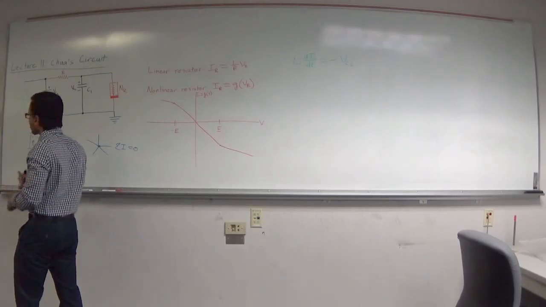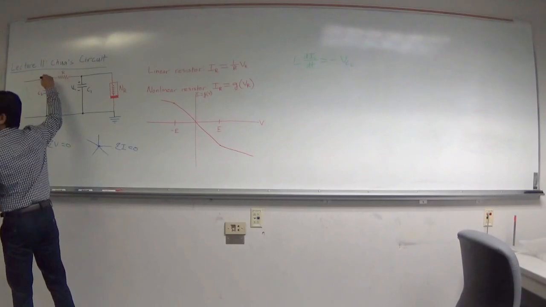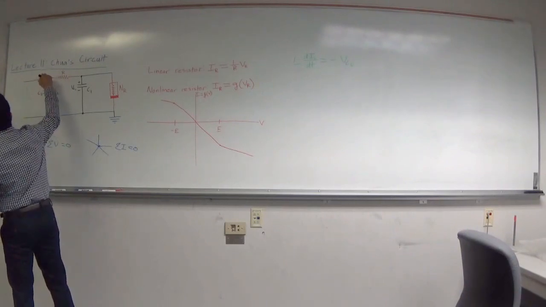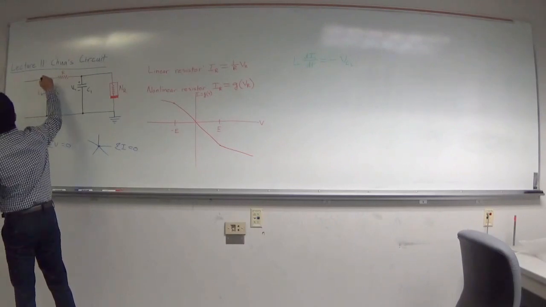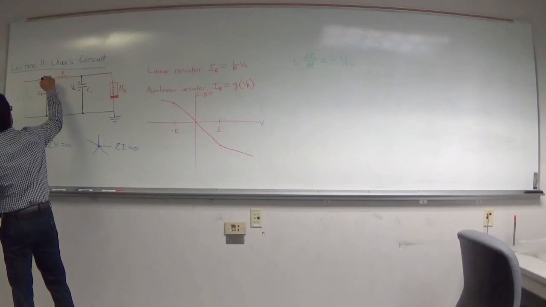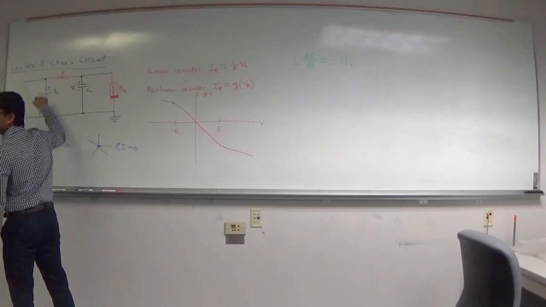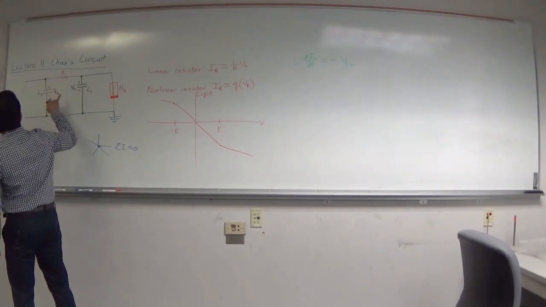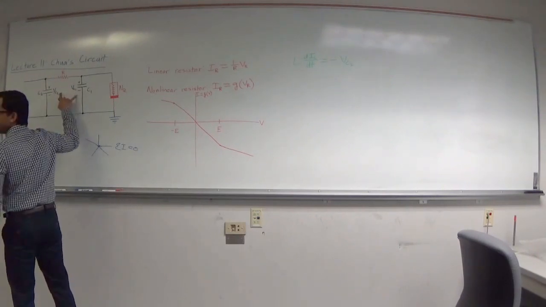So we want the current where, though? Well, we want the current in this node, right? We want the sum of currents that are going to this node. So we get this current coming in, we get a current here, and then we get this current coming out, right? So the current here is going to depend on this and this.